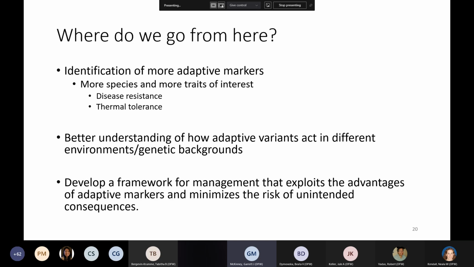It's also important to get a better understanding of how these adaptive variants act in different environments or in different genetic backgrounds. We've already seen from the Y-chromosome haplotypes that the hatchery rearing environment causes a much different relationship between the genetics and the age of maturity.